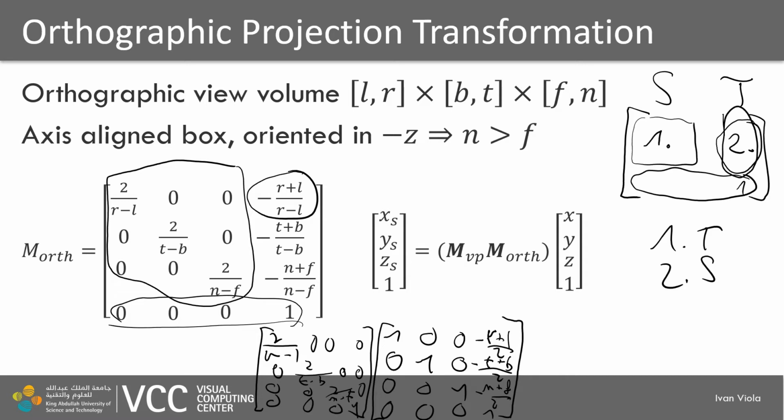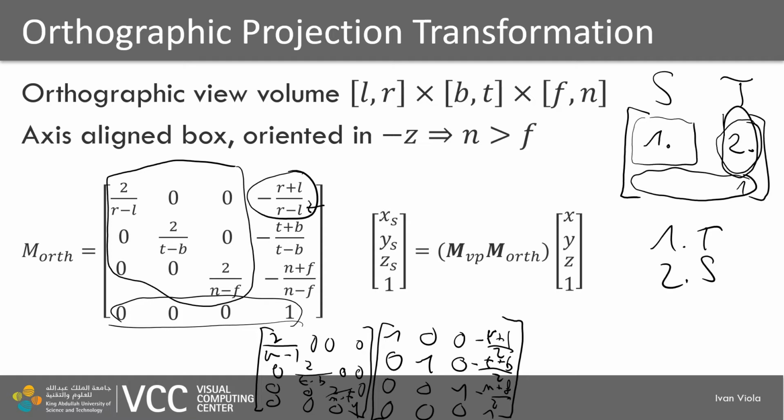If we multiply these two transformations, scaling and translation, we can see how this R minus L will go into the denominator, and the 2's will be taken out from the fraction because they appear in the denominator and in the numerator as well. So this is our final matrix for the three-dimensional projection transformation, which is the orthographic one.